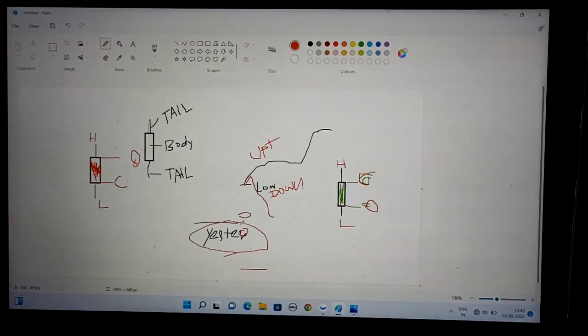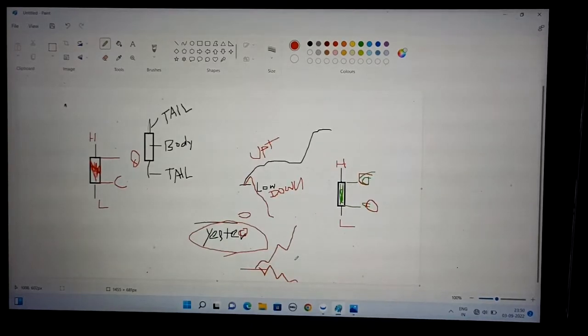And here the market is opening with a gap, and this gap is in a downward direction, so it is a gap down. And after opening, it has never closed below its lower end, so it is in an upward direction. But from here the market started breaking its lows, so the market is in a downtrend.